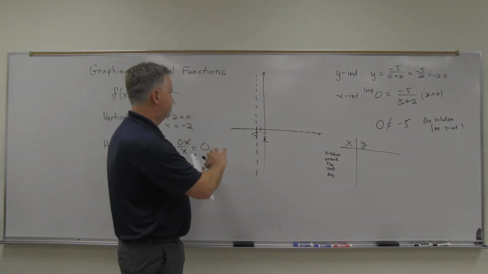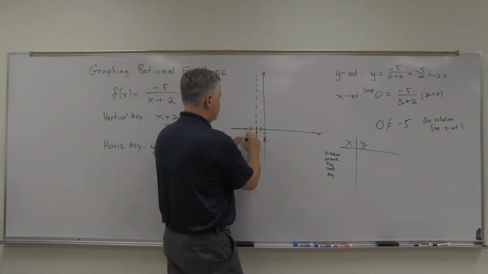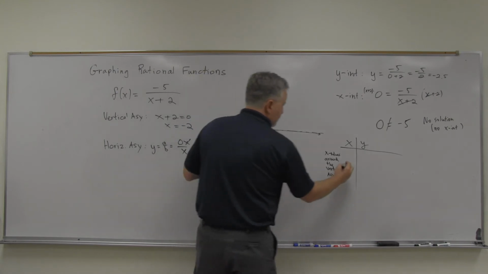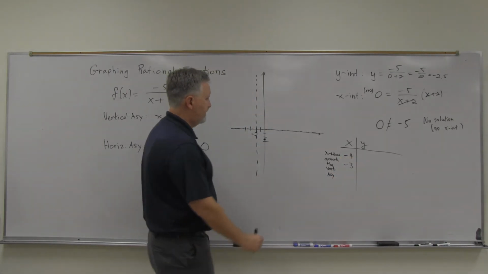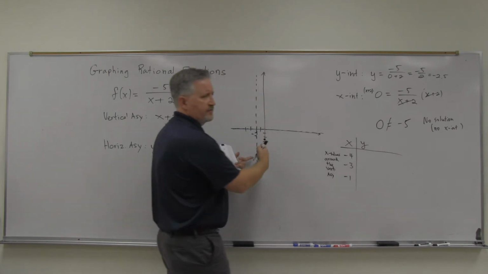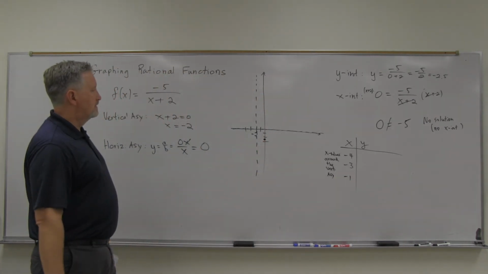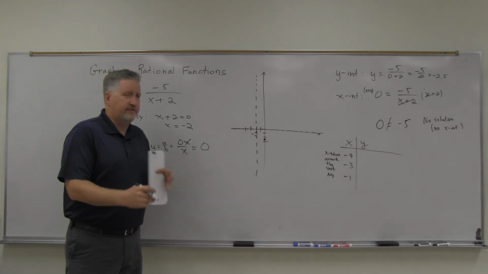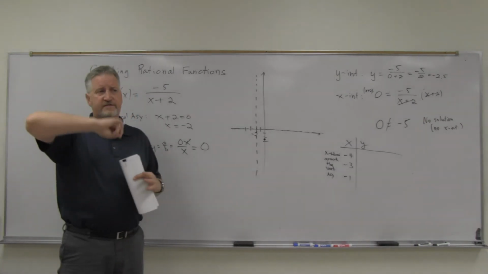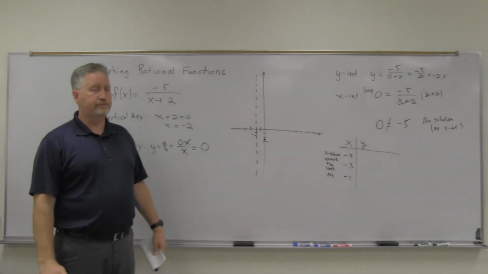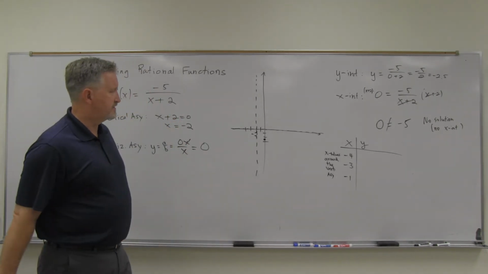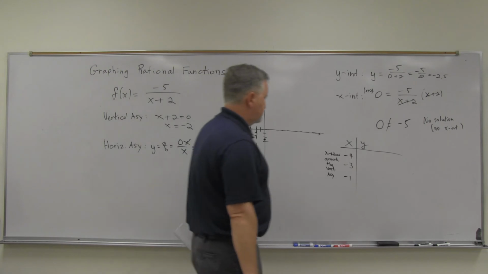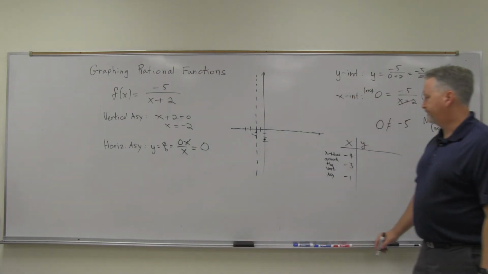So over here we've got maybe negative 4, negative 3, and then over here, negative 1. And we've already got 0. The reason I do a couple is so we can see the general direction we're going as we go towards the vertical asymptote. If we just have 1, it doesn't really give us that much information on either side.